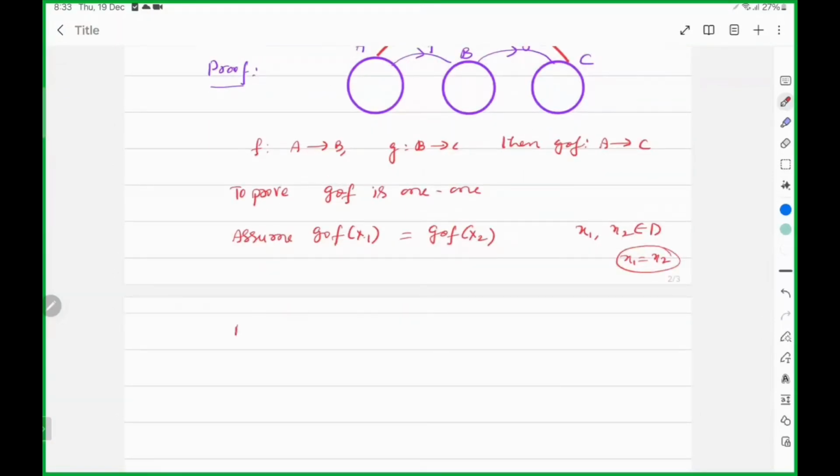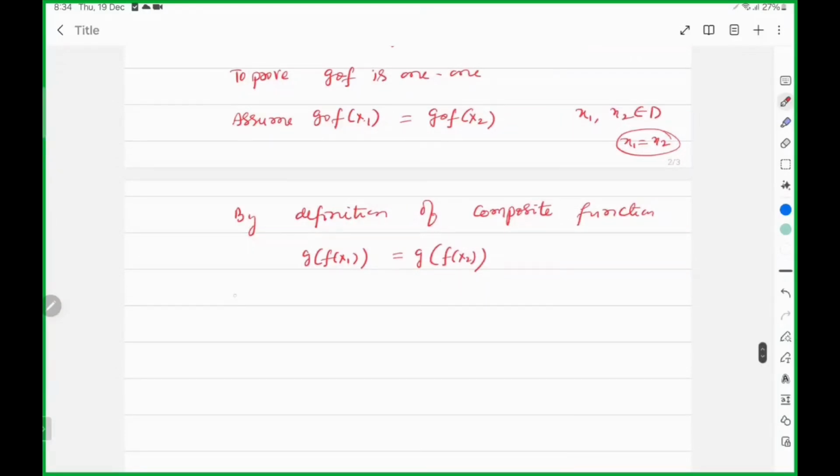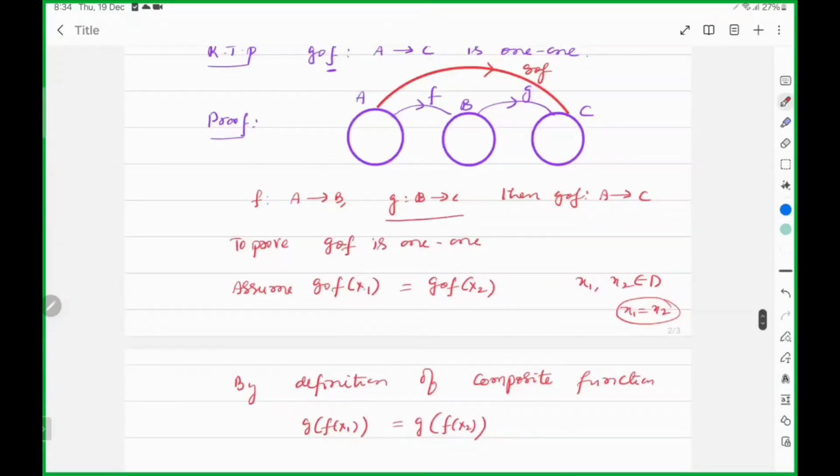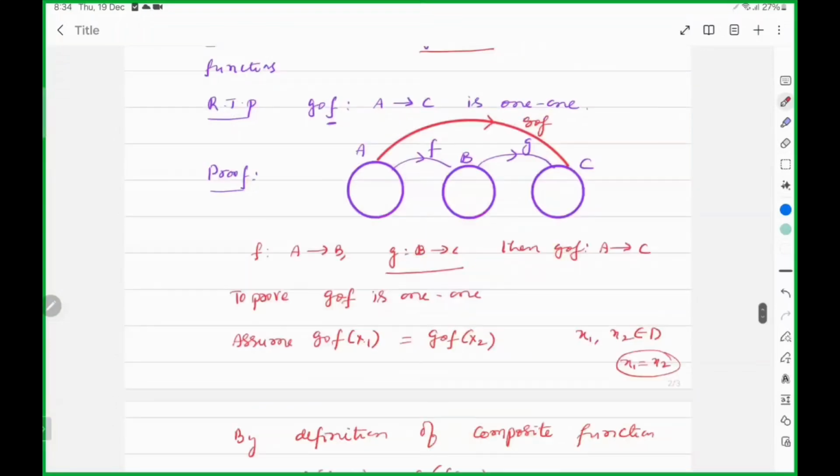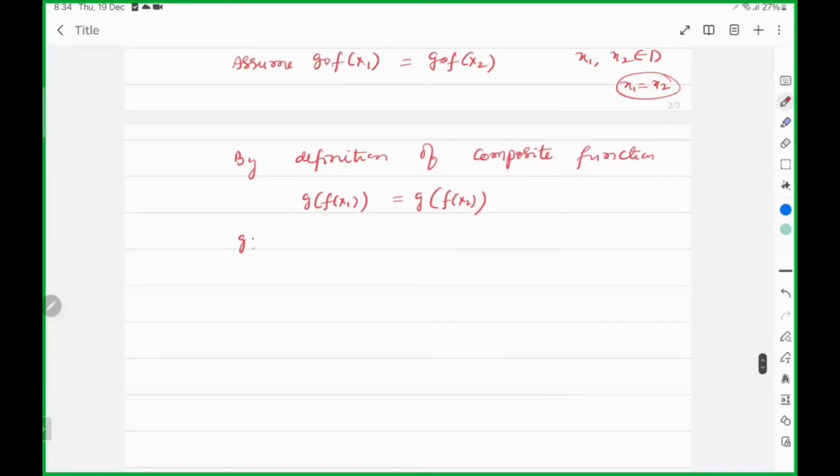By definition of composite function, g of f of x1 equals g of f of x2. Already in the given information, g mapping from B to C is 1-1.